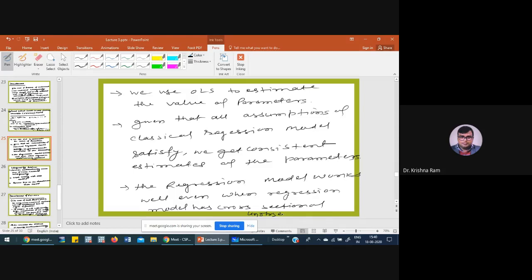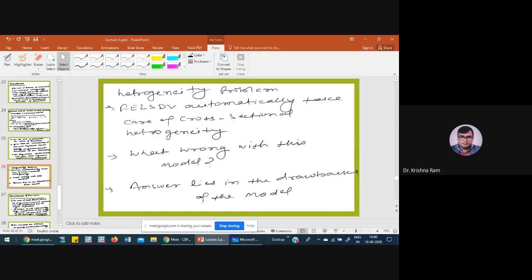And it's not only the presence of unobserved heterogeneity; even though that heterogeneity is related with any of the explanatory variables included in the model, the fixed effect least square dummy variable model takes care of that problem and gives us consistent estimates of the parameters.